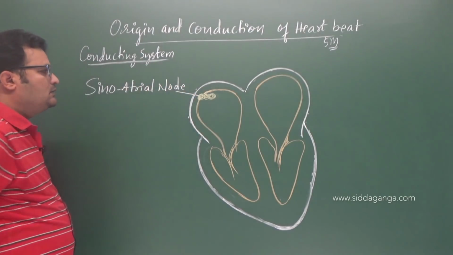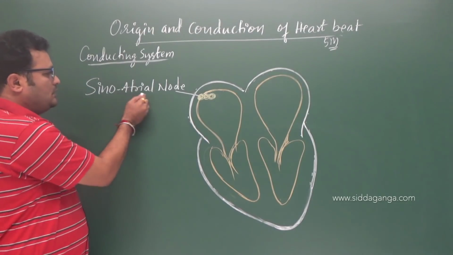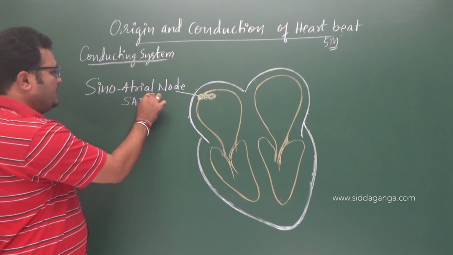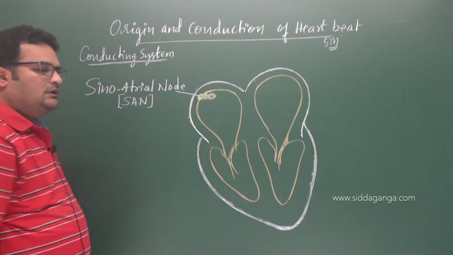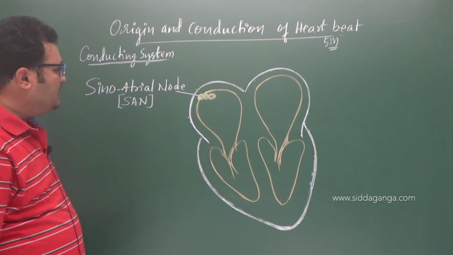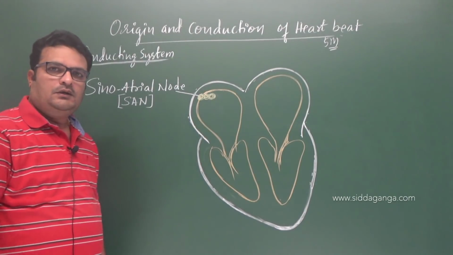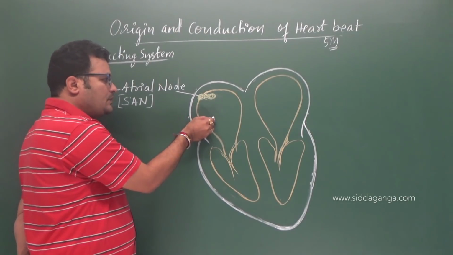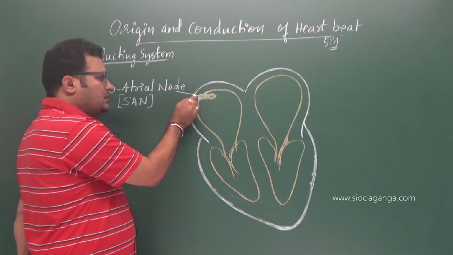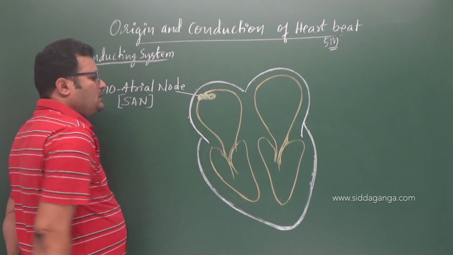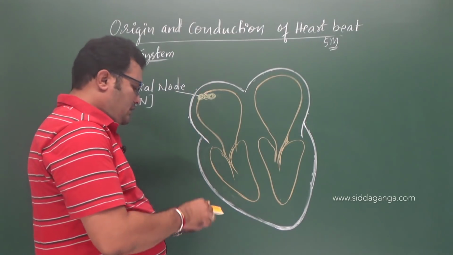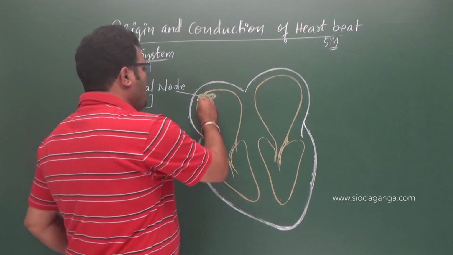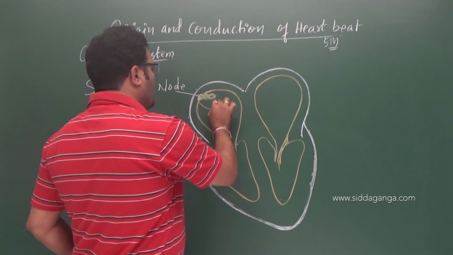You need to remember the specific wording, and it is abbreviated as SAN. Sinoatrial node, in the upper corner of the right atrium. From here, the internodal pathways start.